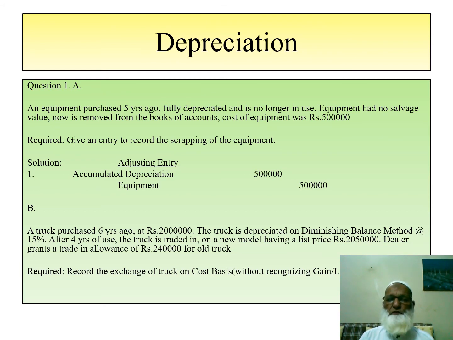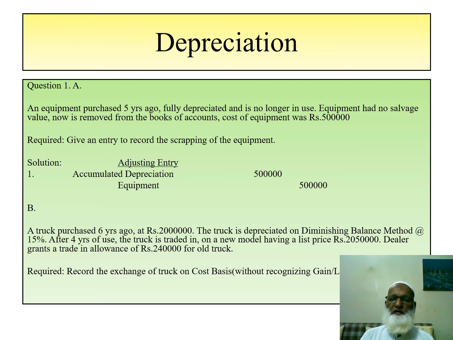After 4 years of use, the truck is traded in on a new model having a list price of rupees 250,000. The dealer grants a trade-in allowance of rupees 240,000 for the old truck.